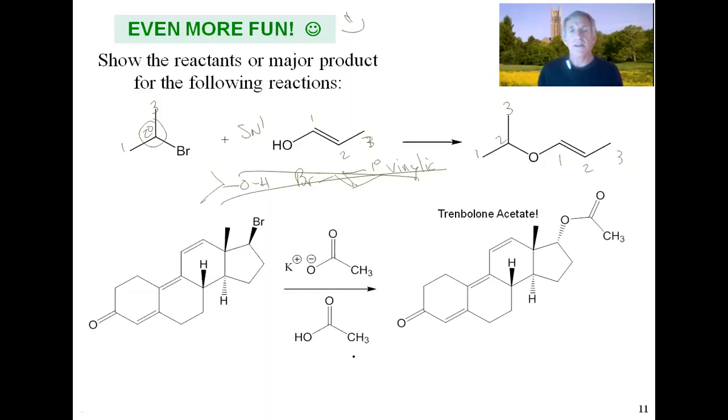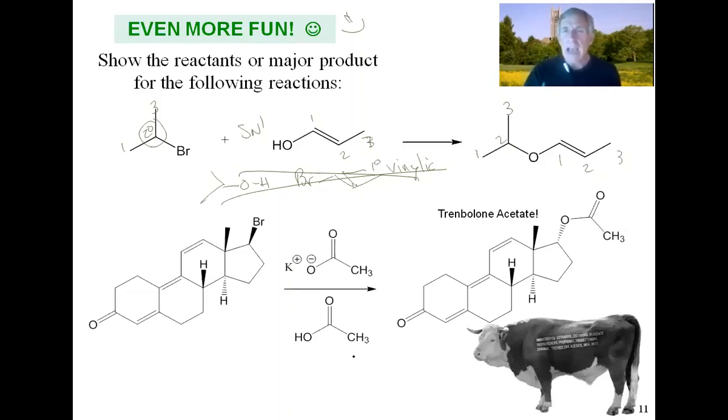This steroid here, trenbolone acetate, is very, very common for muscle builders to take to build their bulk. But you know where else steroids are being injected? Our cows. They want our cows to grow big and fast and muscular so we get lots of meat. And so they stick tons of steroids in them.